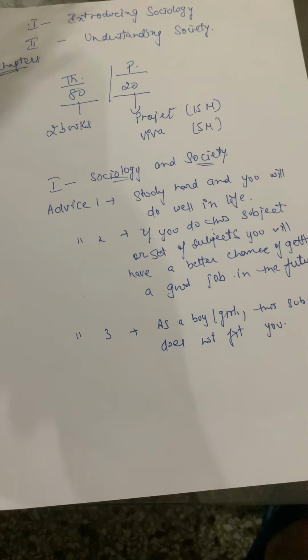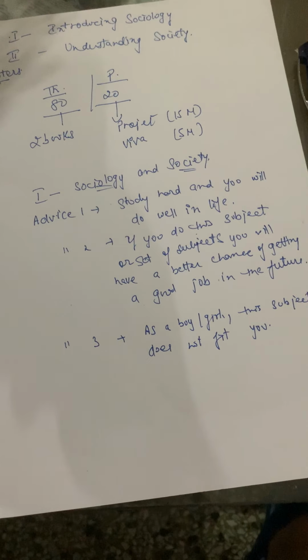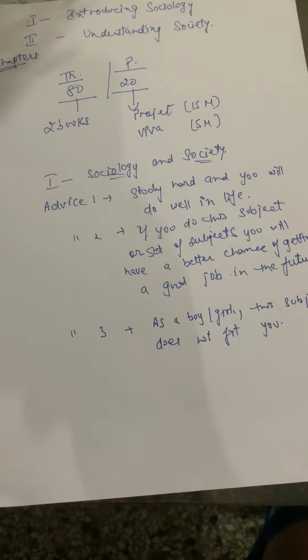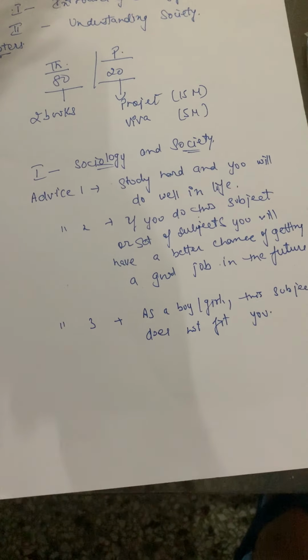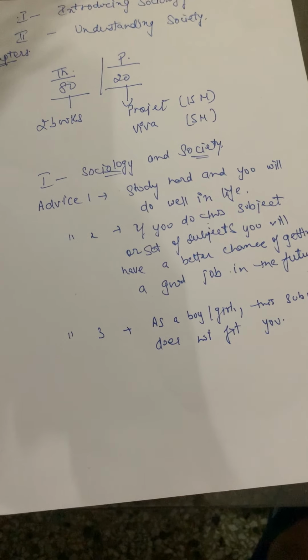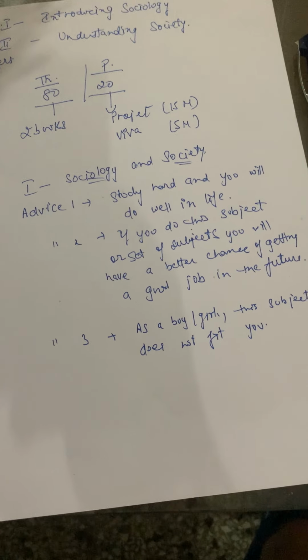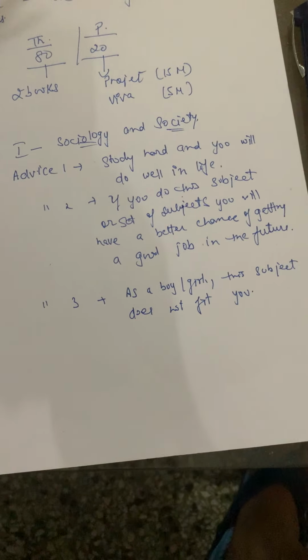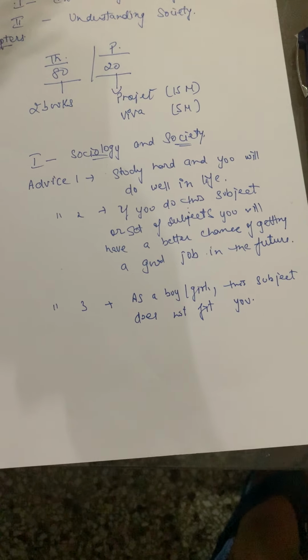You students would have seen around in your society, the place where you live, there are so many people having different viewpoints about things. For example, if I ask you to elaborate on poverty, you would all describe it in a way, by giving examples.